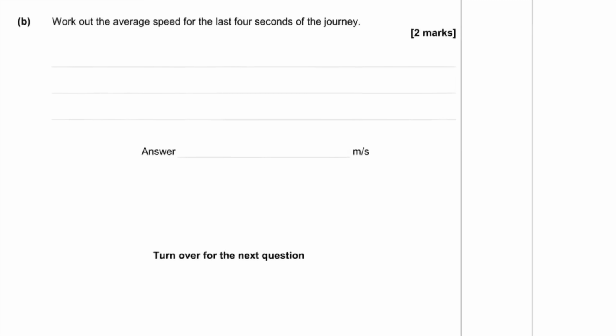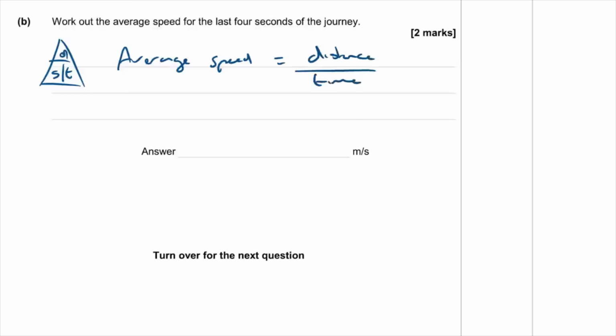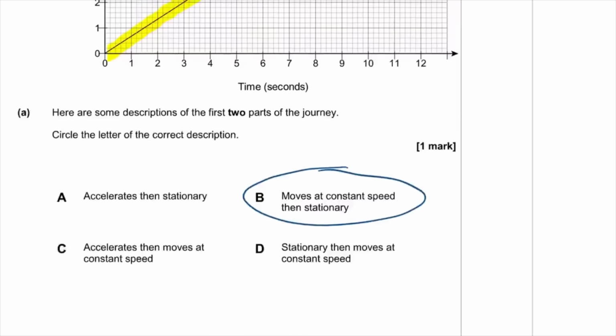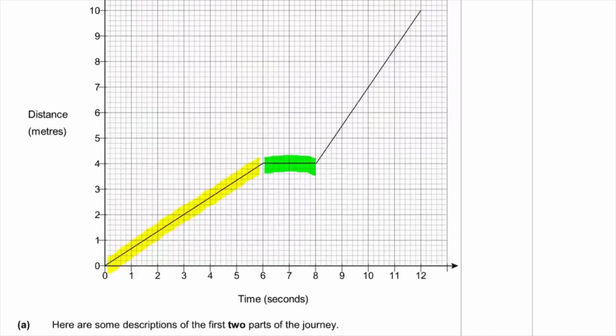Okay, for part B, it says work out the average speed for the last 4 seconds of the journey. So average speed, if you remember your speed triangle, average speed is equal to distance traveled divided by time taken. And from our diagram, the last 4 seconds is this part of the graph.